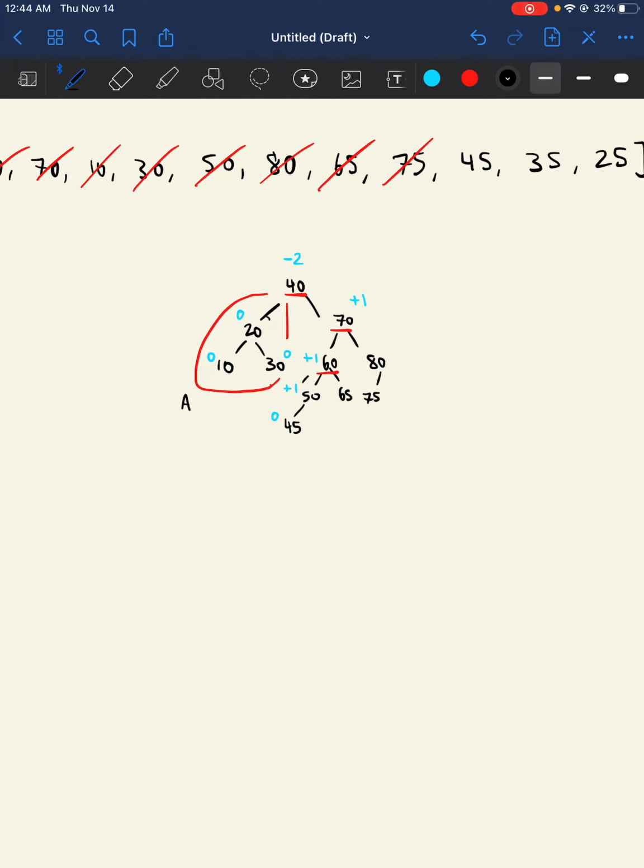Tree B is going to be these two nodes down here. This is B. Tree C is going to be the right child of 60 right here. And tree D is 70's right child here.